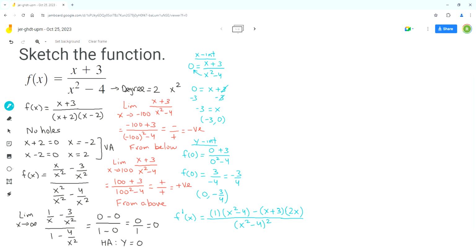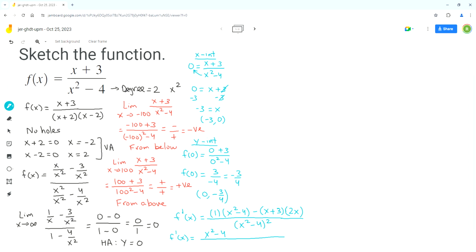Now we can simplify the expression in the numerator. So in the numerator, 1 times x squared minus 4 is just x squared minus 4. And now we can distribute the 2x in the parentheses x plus 3.